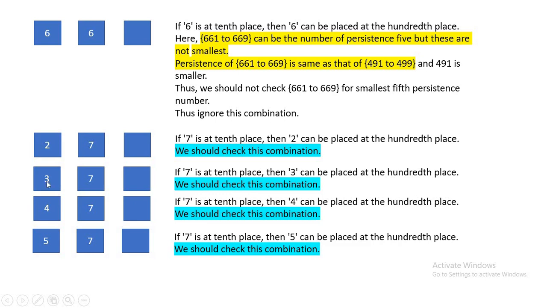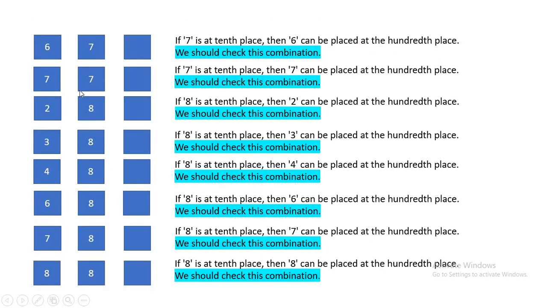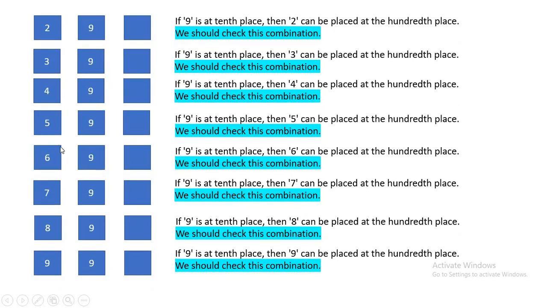So we need to check the 270, 370, 470 range, 570 range, 670 range, 770 range. Similarly, 280 range, 380 range, 480 range, not the 580 range here, because 5 with an even number always produces a persistence of 2, so we have omitted that. 680, 780, 880. With 9 also, each and every combination, including 5 here, needs to be checked.